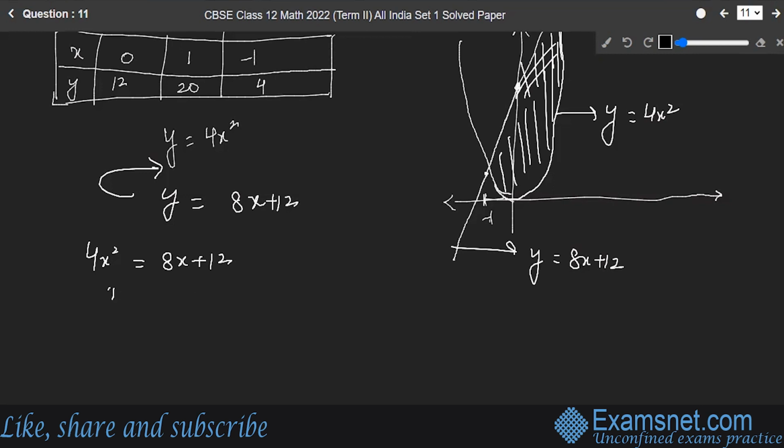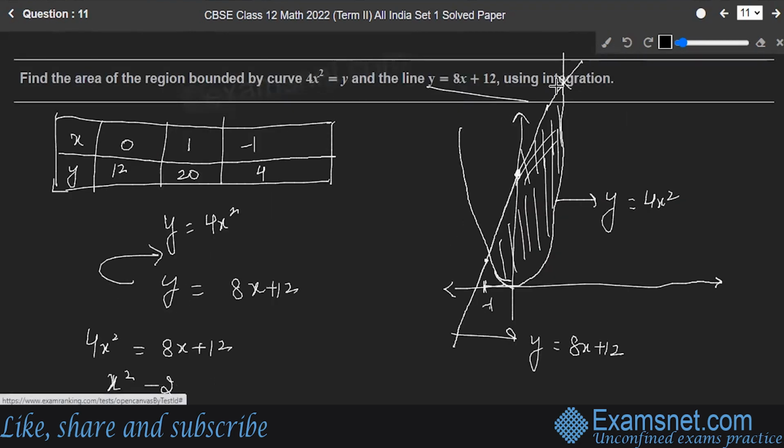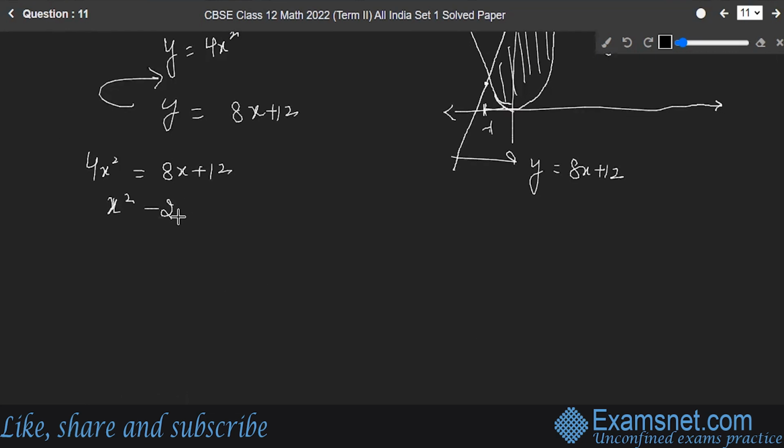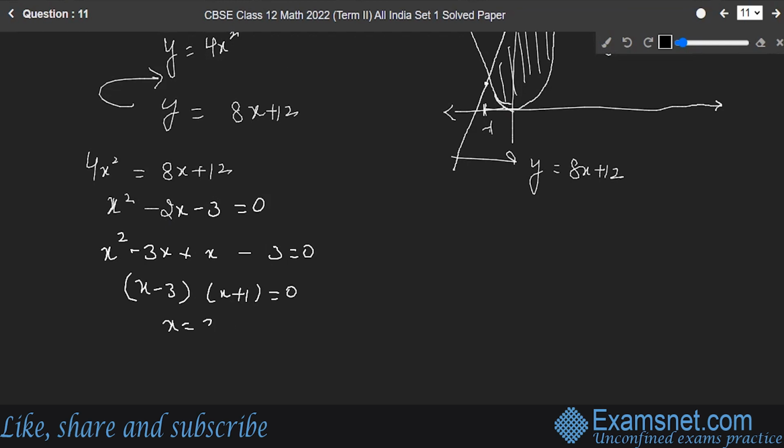Divide both the sides by 4. You will have x square minus 2x minus 3 is equal to 0. So the two factors will be, I think, x square minus 3x plus x minus 3 is equal to 0. So (x minus 3)(x plus 1) is equal to 0.